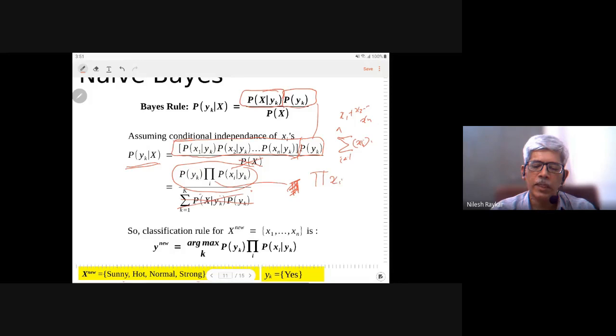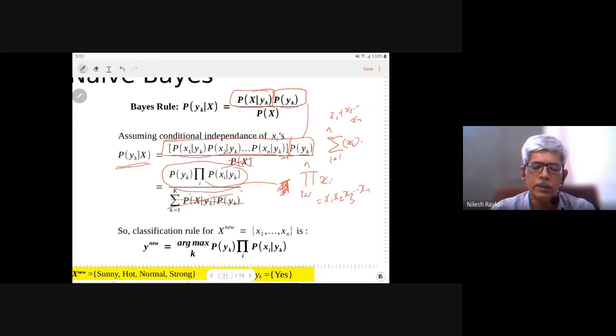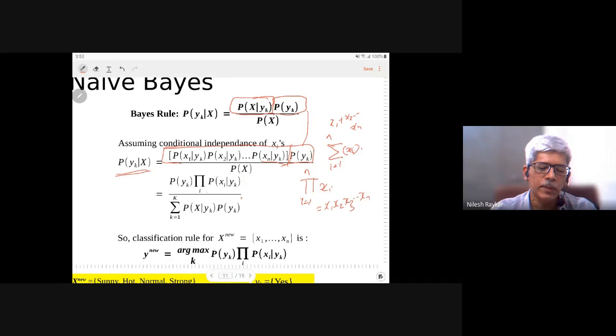Similarly, the product of xi for i equal to 1 to n would indicate x1 multiplied by x2 multiplied by x3 up to xn. Using that notation, you can write this numerator term as shown here, with the product term written in the pi notation.